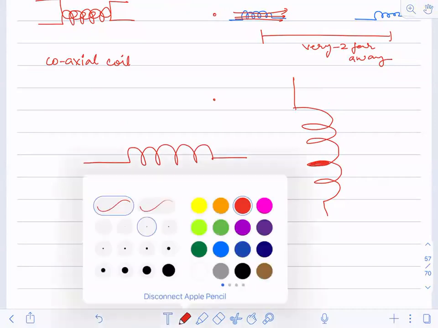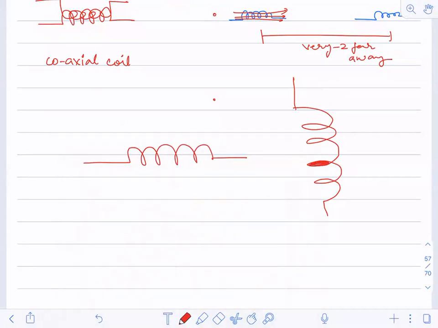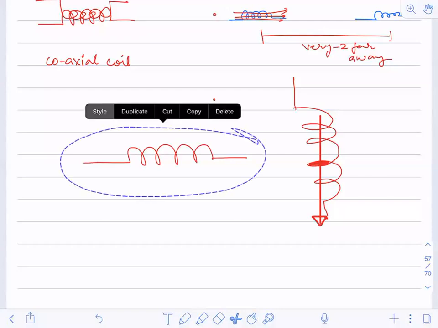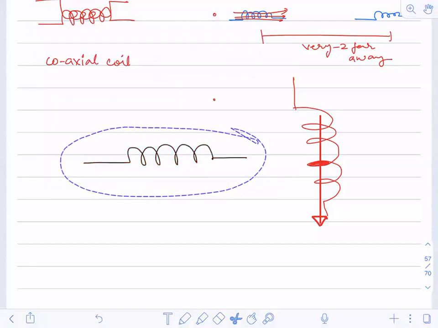How will the magnetic field line be linked with it? Will it pass like this, perpendicular? This is not exactly perpendicular, but you assume it to be perpendicular. Coaxial. Now try to visualize this one. How is this going now?